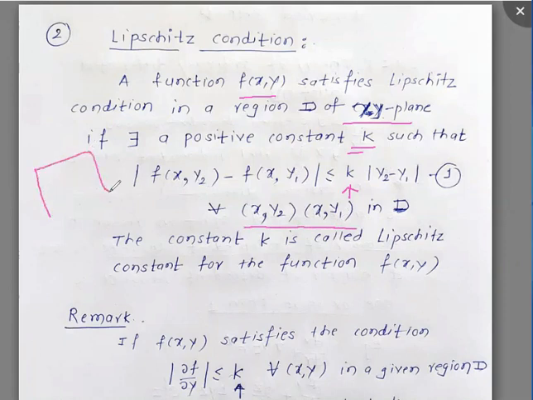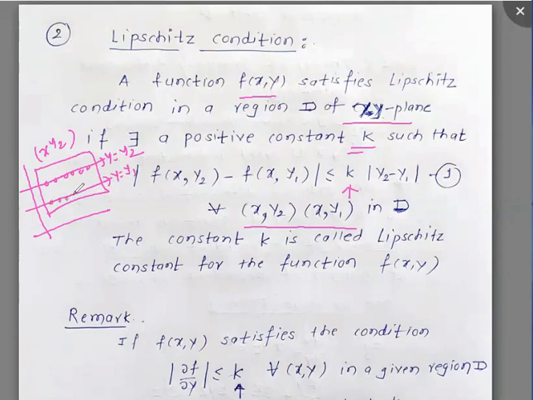So if this is your region D and suppose this is a line y equal to y2, these are the points with y coordinate y2, x comma y2, and suppose there is another line y equal to y1. All points on this line will have coordinates x comma y1. There are an infinite number of points on the line.